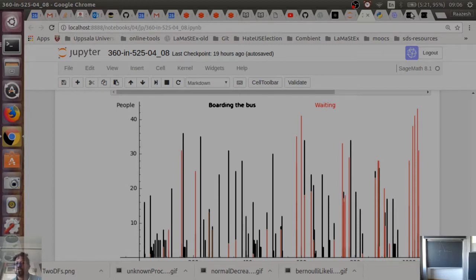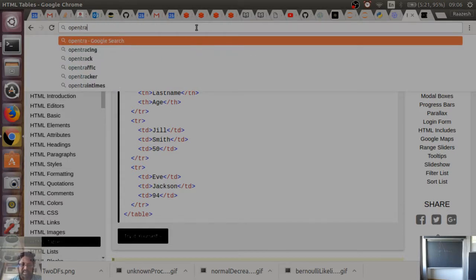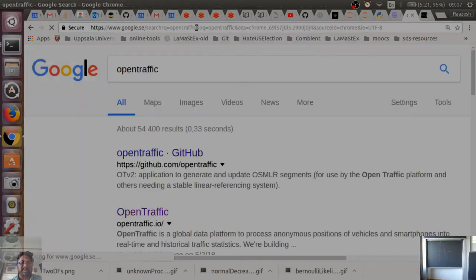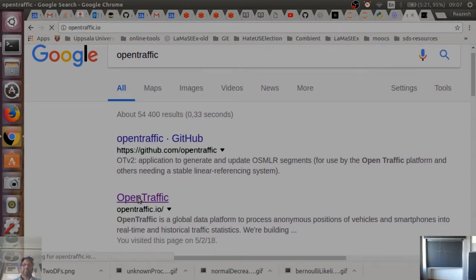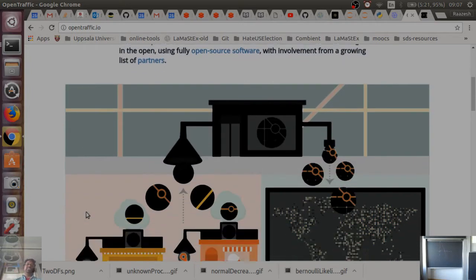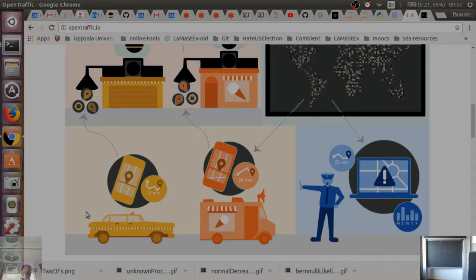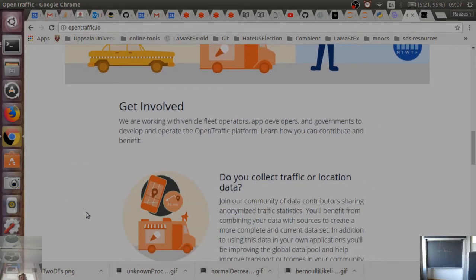Have you guys been checking this? Let's do this. Open Traffic, a global data platform. So you can ingest this into our OpenStreetMaps of the particular city we are interested in, and then you can start keeping track of the flow information: number of vehicles, speed, all of this stuff.